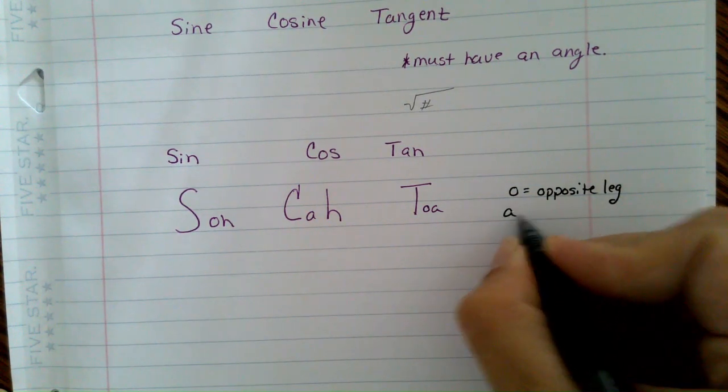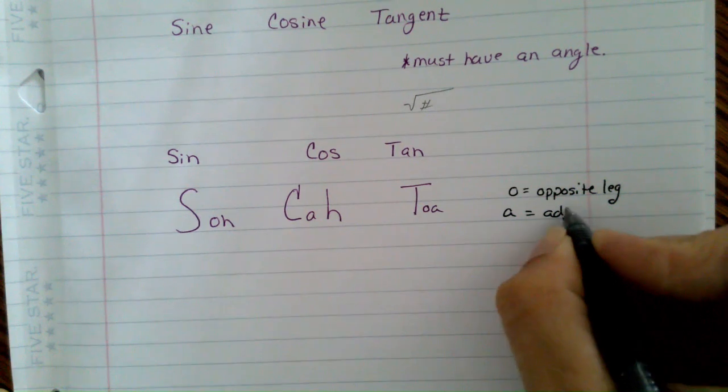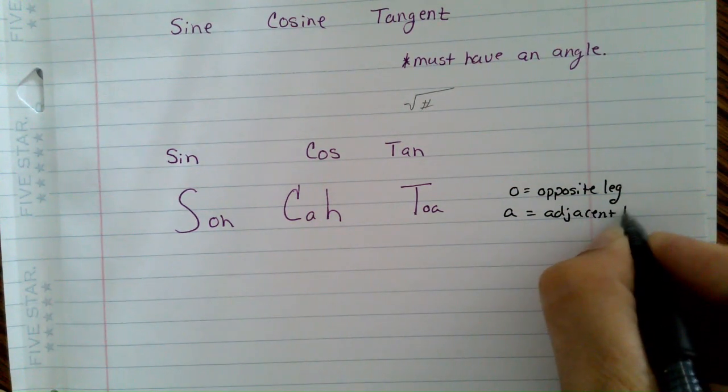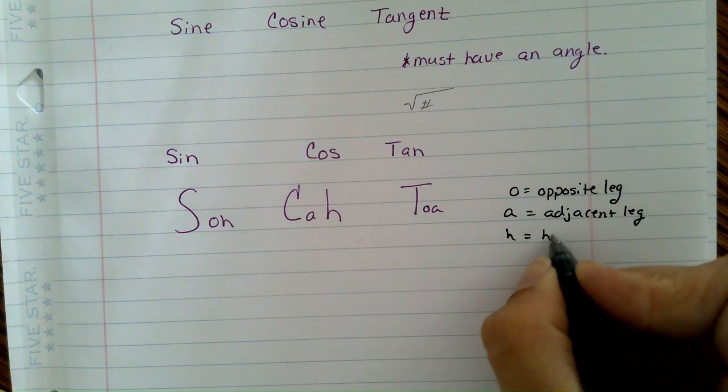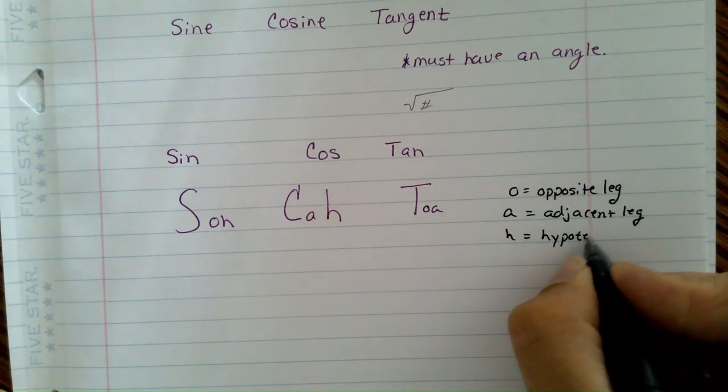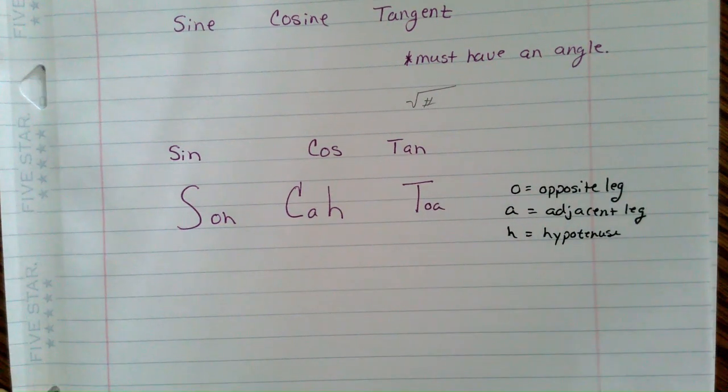Anywhere you see an A, it means adjacent leg. And where you see H, it means the hypotenuse. Now, the hypotenuse is the hypotenuse. You can't change it. The opposite leg and adjacent leg are going to depend on where you're standing. So you can get it wrong by standing in the wrong corner.